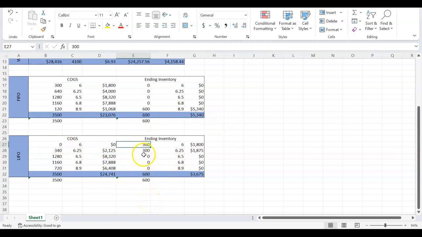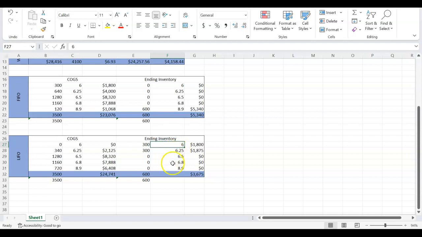And because originally we purchased 640, but we only sold 340, we knew we had 300 left here, and because that was a 0, that was a 300 to start with. So we just had our first two purchases of 300 units in the inventory, which helped us to get that $600 or 600 unit value. Then we multiplied both of those by their unit value.